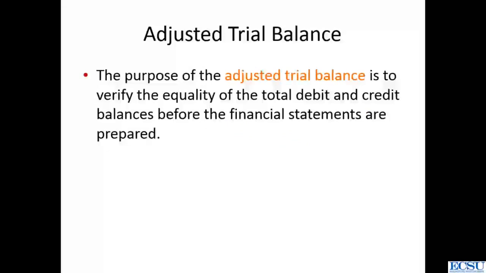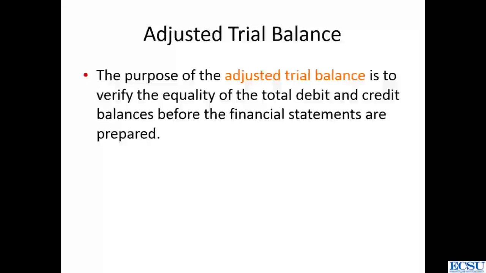Now, the purpose of the adjusted trial balance is to verify the equality of the total debit and credit balance before the financial statements are prepared. Like in case of unadjusted trial balance, we also do that. So unadjusted trial balance is prepared before any adjustments are done.